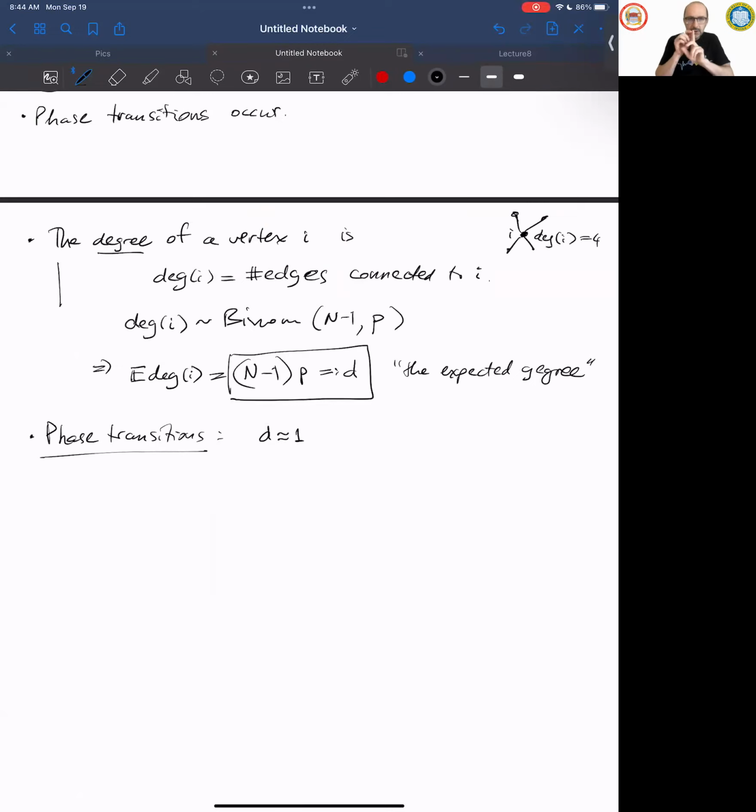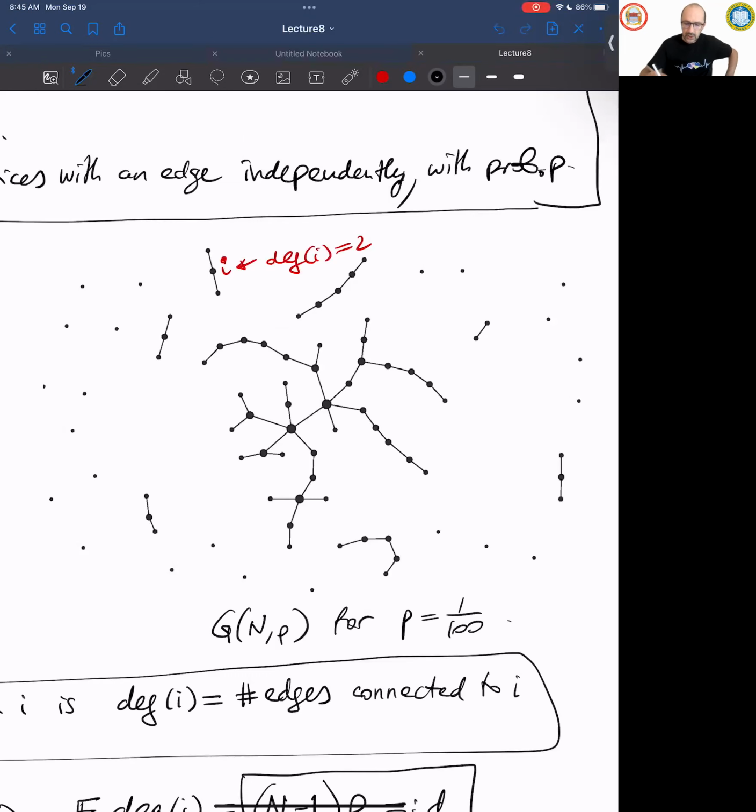But if d slides above 1, and when I say slides, it's really, really sharp. It's like slides from 0.99 to 1.01, for example. As soon as you make that slide, a giant component appears. And in this picture, the giant component is already kind of forming here.